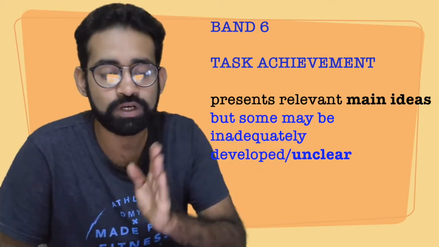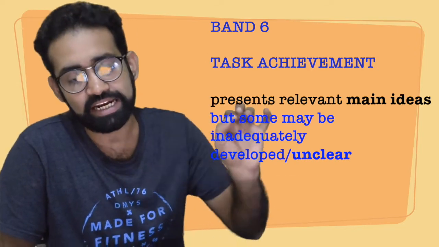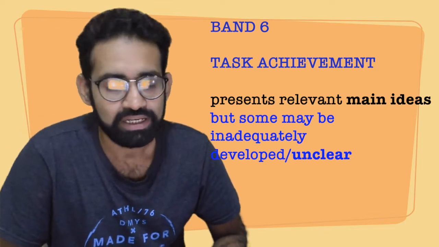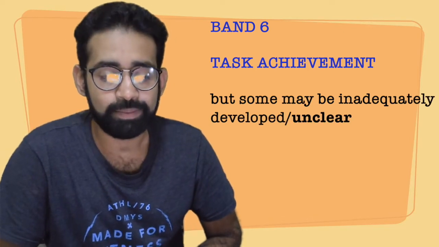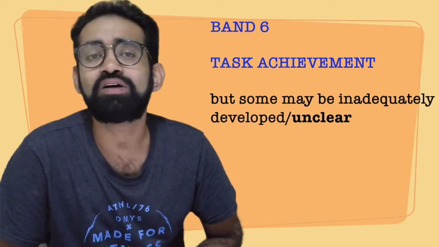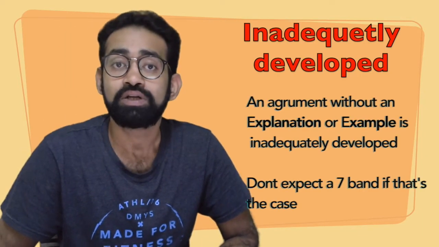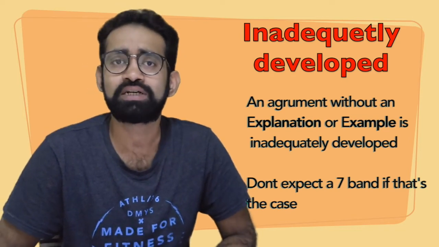The full pointer was presents relevant main ideas, but some may be inadequately developed or unclear. We already discussed presenting relevant main ideas. We need to discuss here some may be inadequately developed or unclear. So what do you mean by inadequately developed? Again, a pointer without an argument, without an explanation, is an inadequately developed argument.